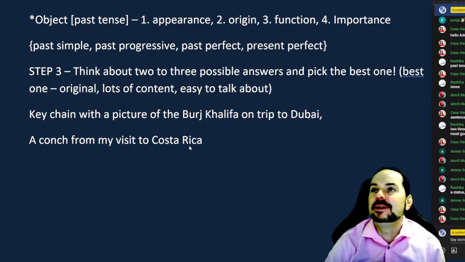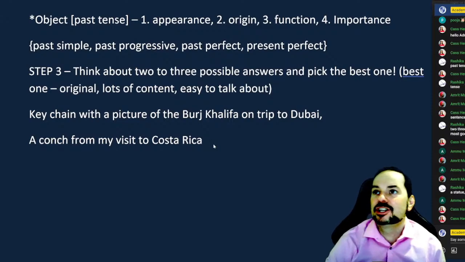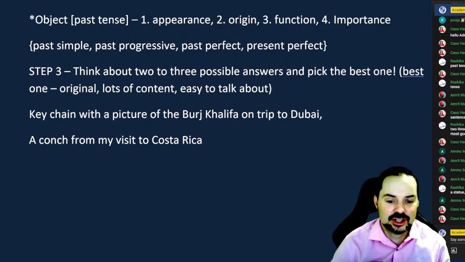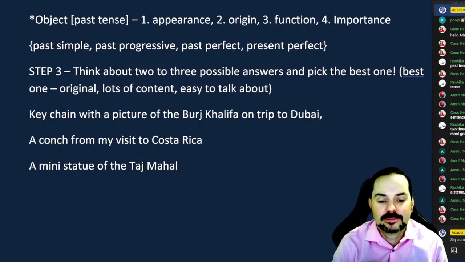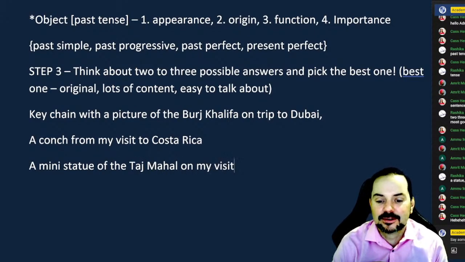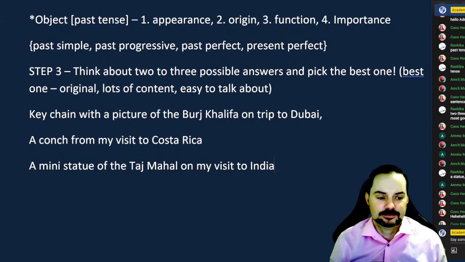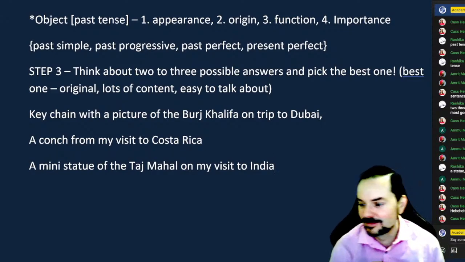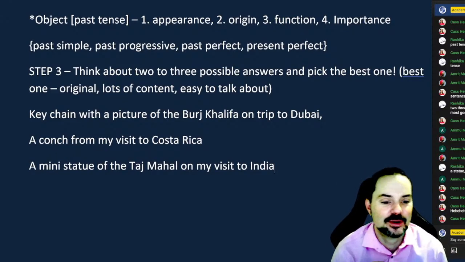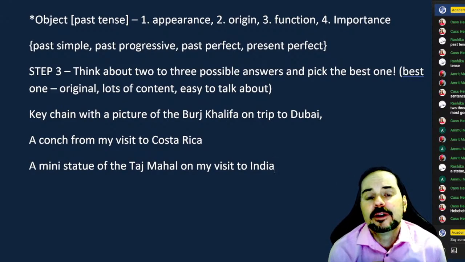Okay, a miniature statue of the Taj Mahal, says Anish. So a mini statue of the Taj Mahal on my visit to India. Sure. Why not? All right. So you need to think of about 3 or 4.